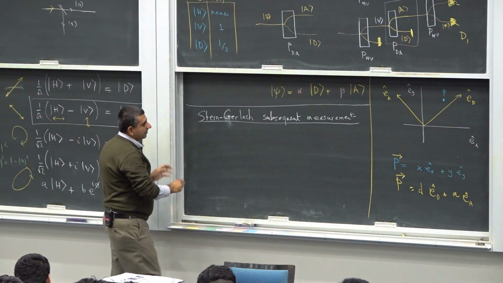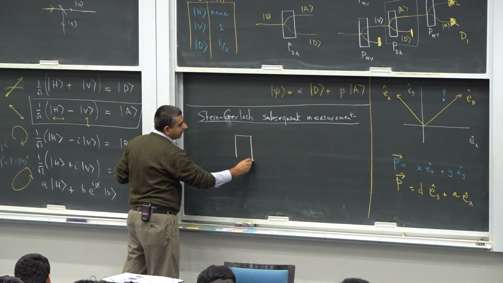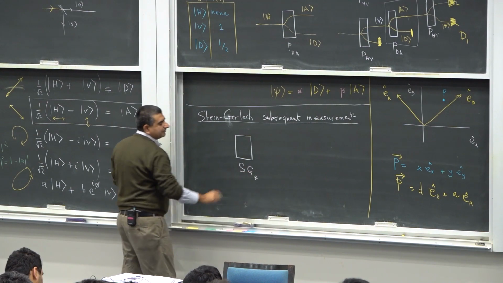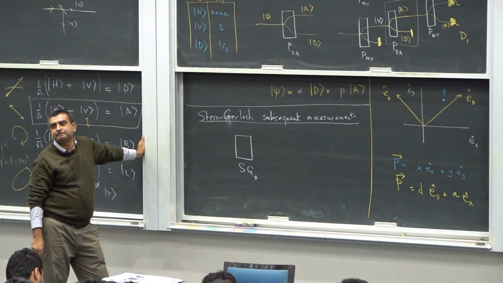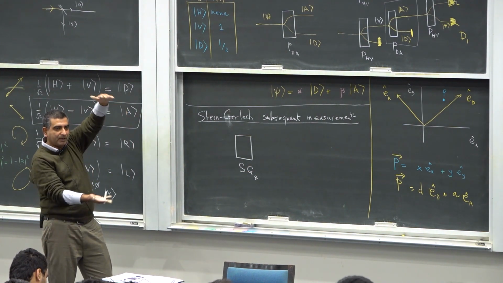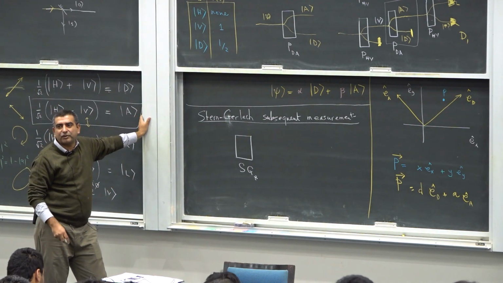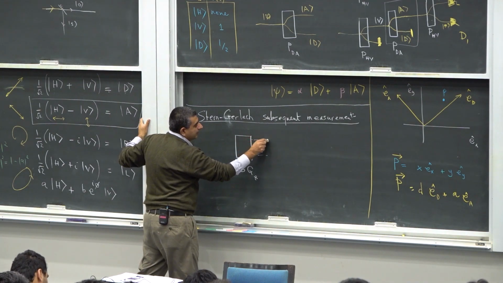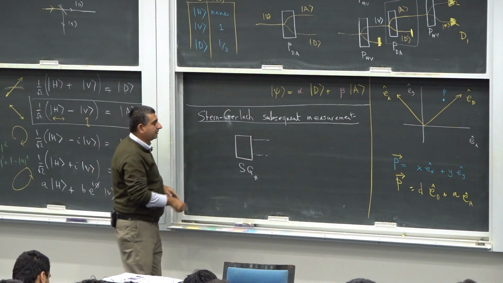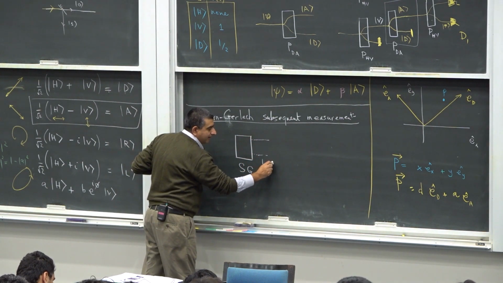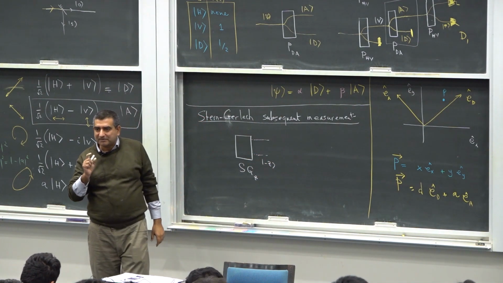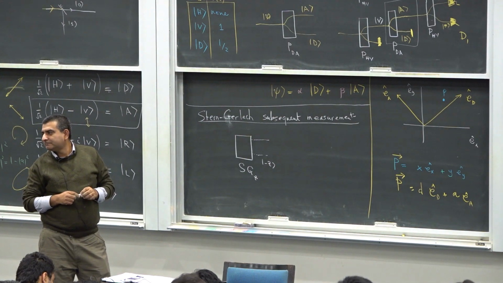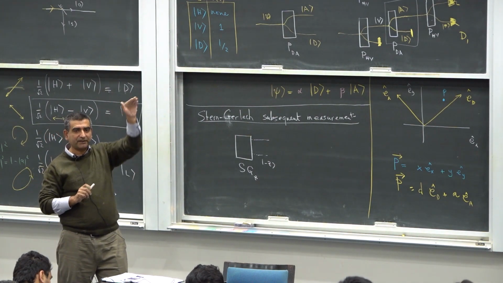All right. So let's now try to do these experiments. First of all, I have a Stern-Gerlach apparatus oriented along Z, a magnet oriented along Z, with two output channels. One is the beam going down, let's call this ket minus z, and a beam going up, let's call it ket plus z.